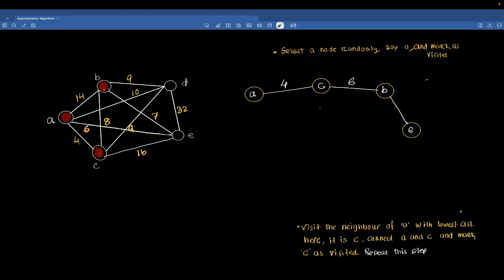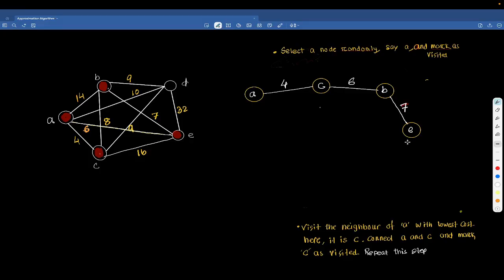From B, next node we can visit is E because it is the lowest cost with 7. We'll draw E and mark E as visited. Also in the part, we'll put the cost as 7.